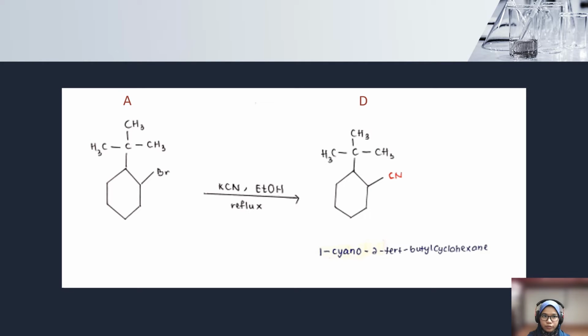Next, 1-bromo-2-tert-butyl cyclohexane reacts with potassium cyanide in the presence of ethanol under reflux to produce 1-cyano-2-tert-butyl cyclohexane.